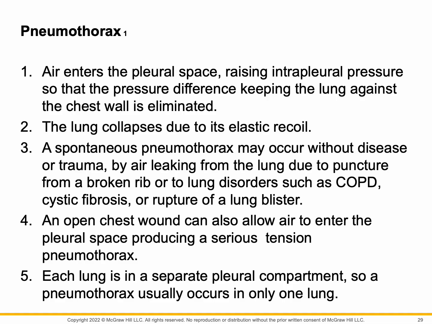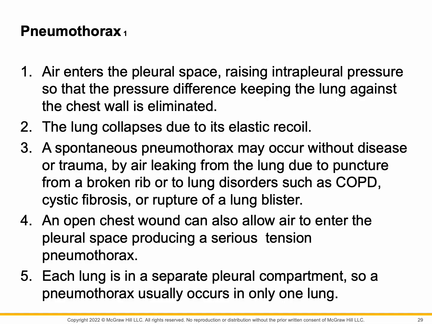You can also have a spontaneous pneumothorax, which happens without injury or obvious cause. It may occur without disease or trauma, by air leaking from the lung due to puncture from a broken rib, or due to a lung disorder such as COPD or cystic fibrosis, or rupture of a lung blister.